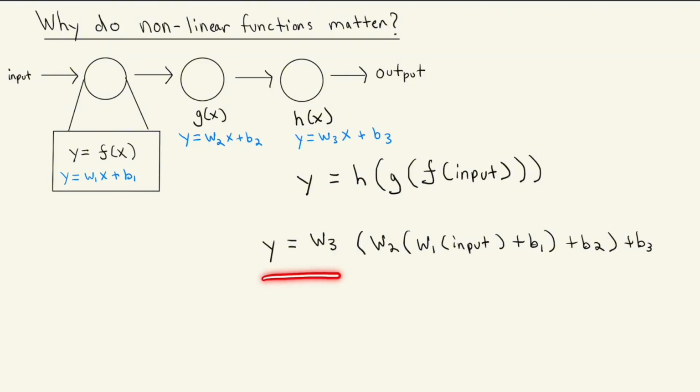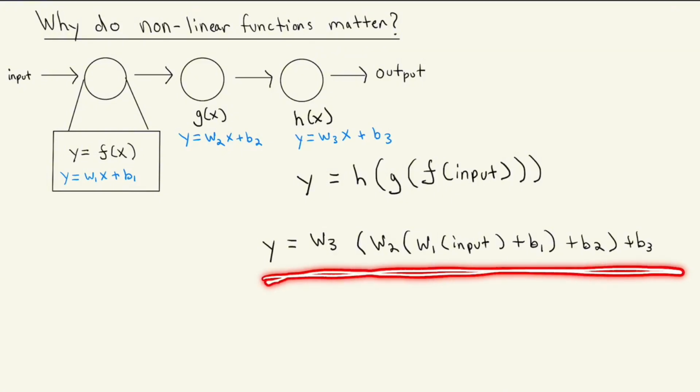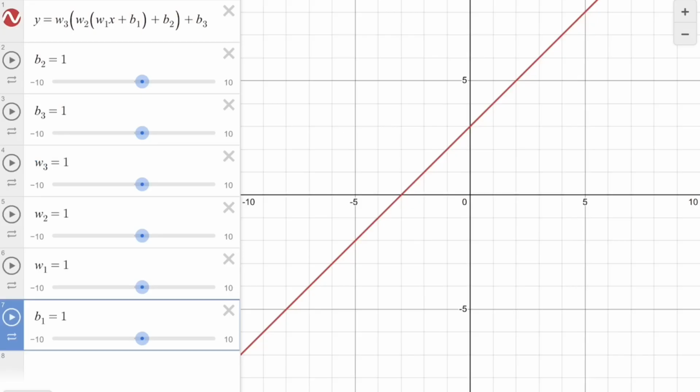So let's go ahead and graph this to see what's going on here and what the limitations of this are. So I went ahead and graphed that equation. And again, this equation represents what that neural network is doing mathematically. And you see something very interesting.